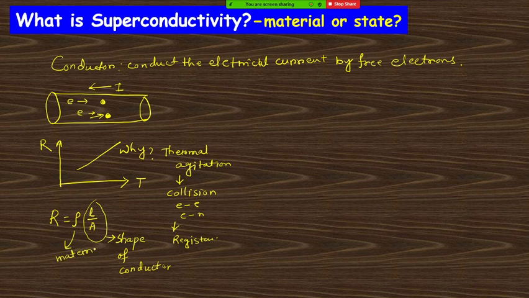Okay, so if you take two pieces of aluminum with the same impurity, then the rho will be the same, because rho is the property of the material. So this resistivity changes with temperature. If the temperature increases, resistance increases, meaning the resistivity increases.